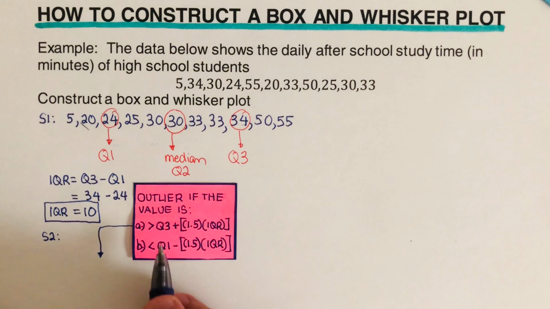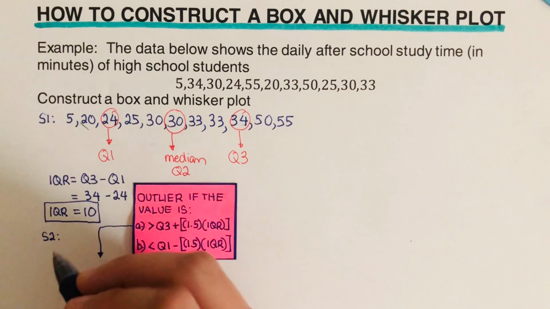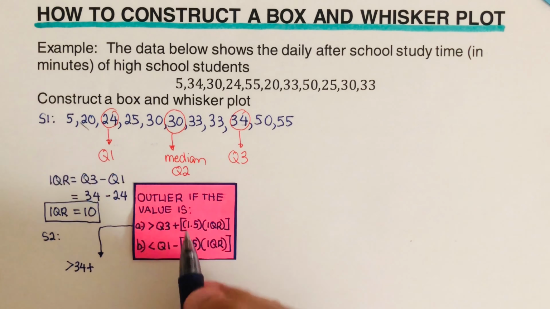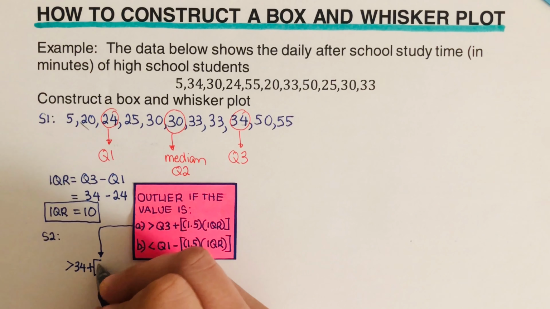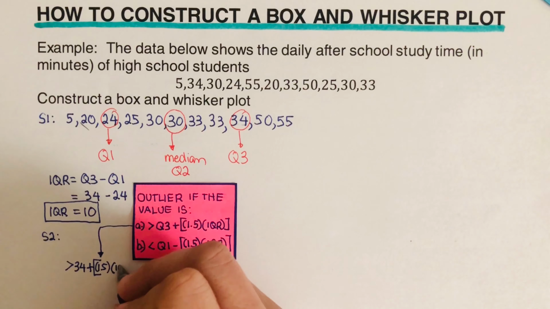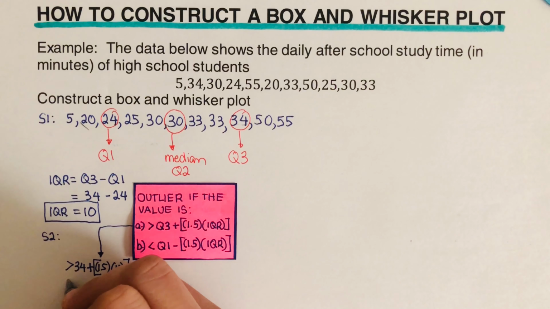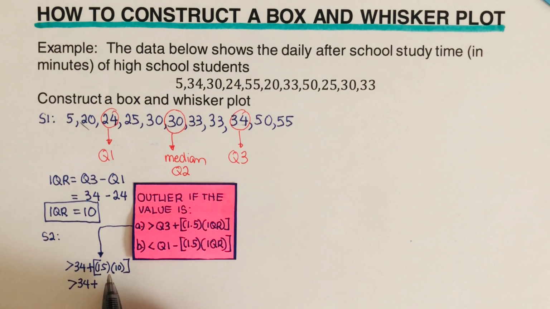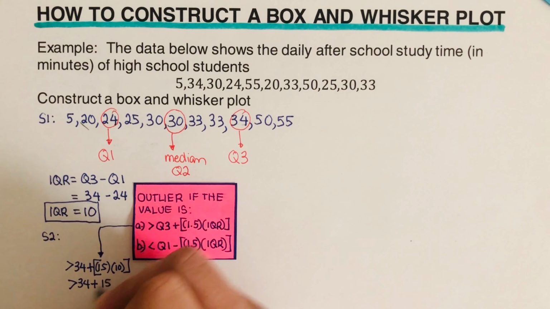Our Q3 is 34. So anything greater than 34 plus 1.5 times our IQR, which is 10. So that is anything greater than 34 plus 15, because 1.5 times 10 is 15. So anything that is greater than 49 is an outlier.